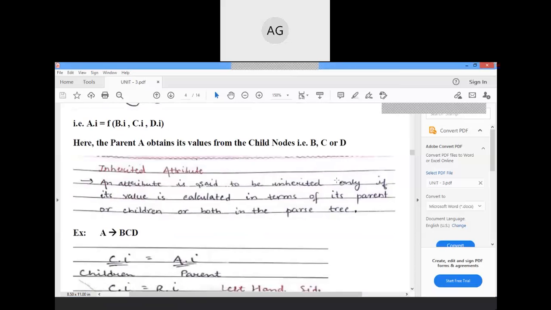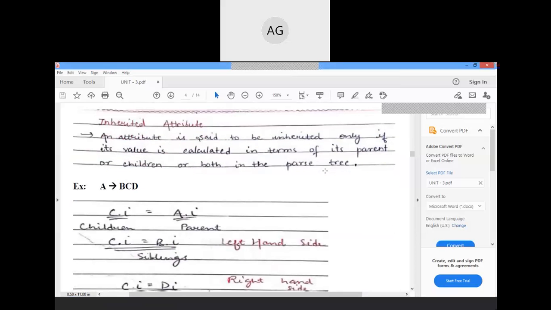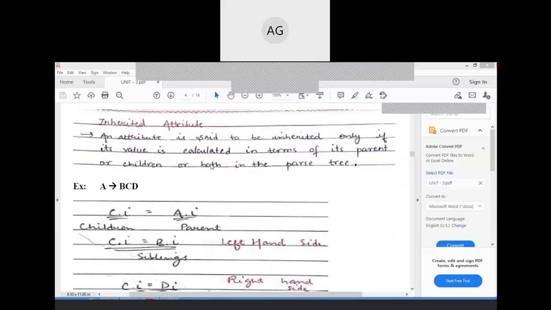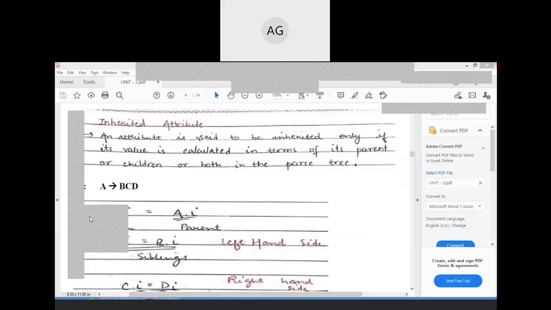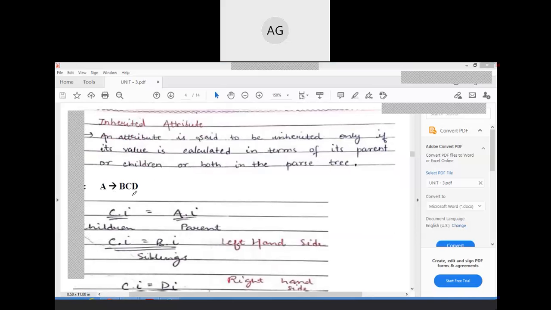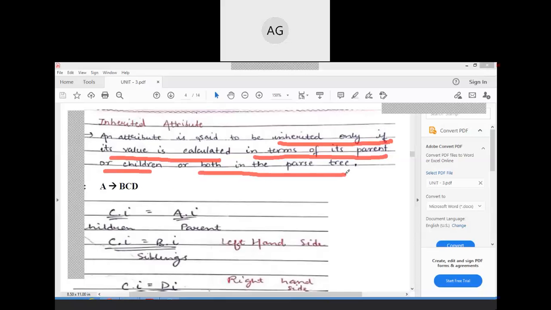Now let us check the inherited attributes. As its name suggests, you already studied in OOPS that the inheritance concept is there. An attribute is said to be inherited only if its value is evaluated in terms of its parent or children or both in the parse tree.